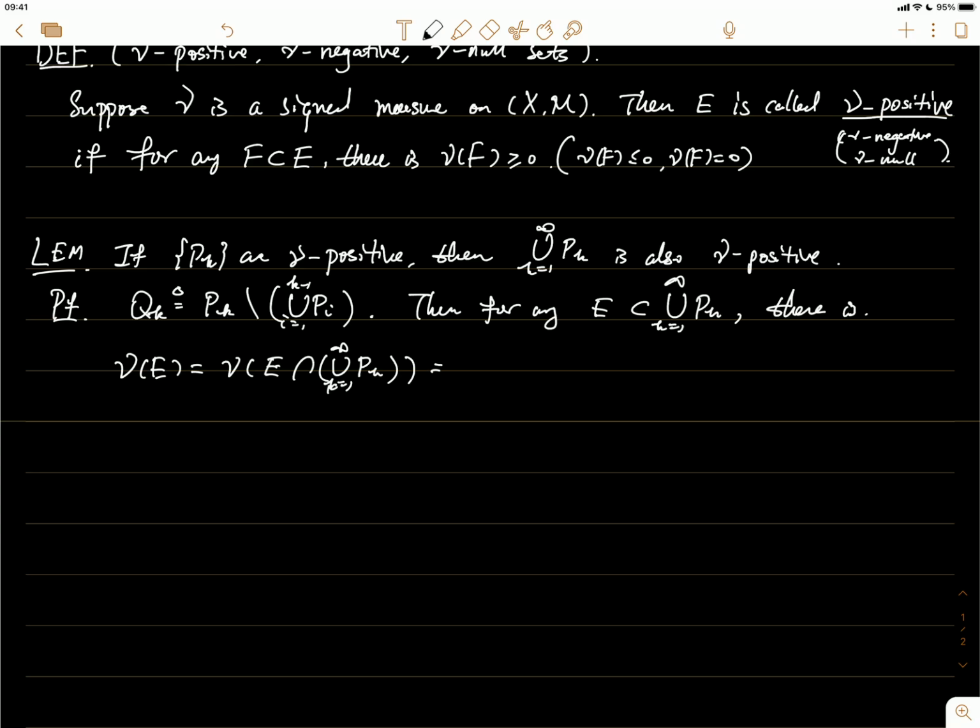And because of the definition of qk, we can rewrite this union as a disjoint union of qk's. By the way, q1 is just p1 itself. Starting from q2, qk only measures the increment part, which hasn't appeared in the previous cases.